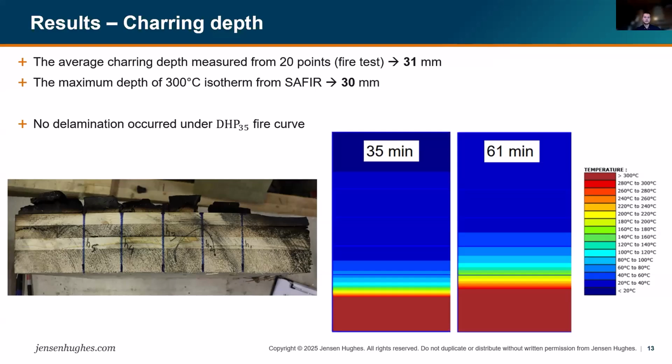So the results were very similar for the charring. No delamination occurred under the DHP 35 curve, as the exposure just wasn't enough for delamination to happen.